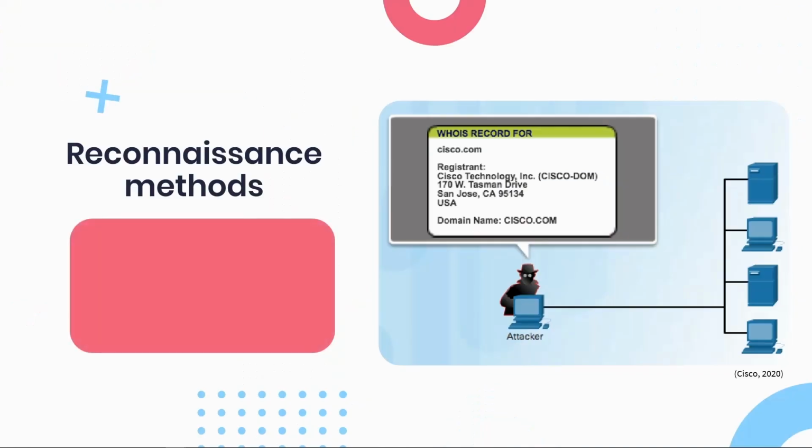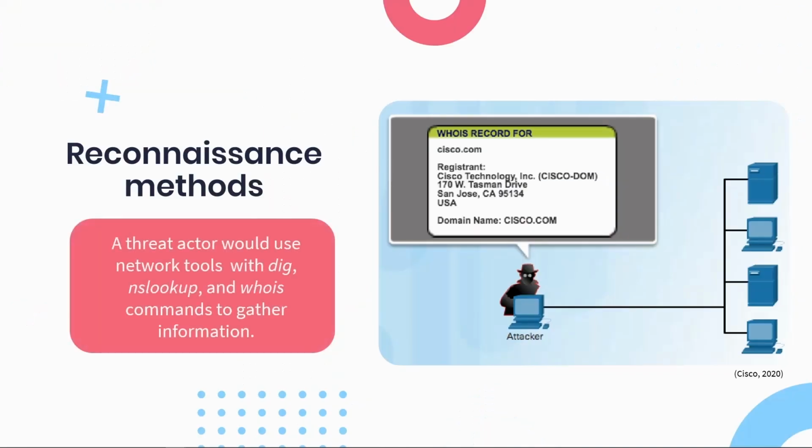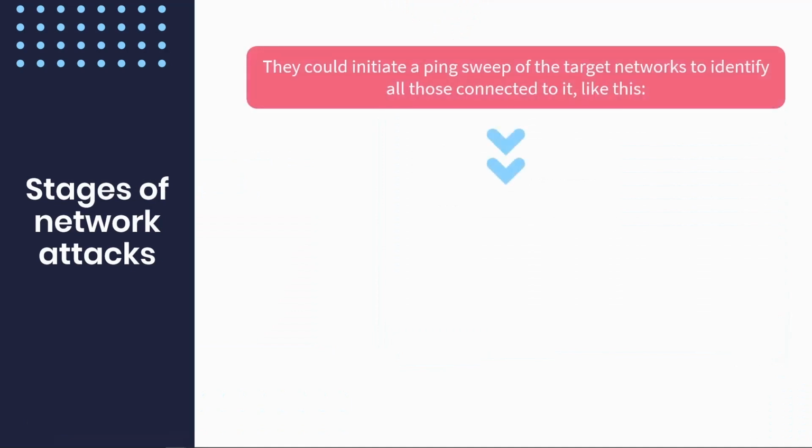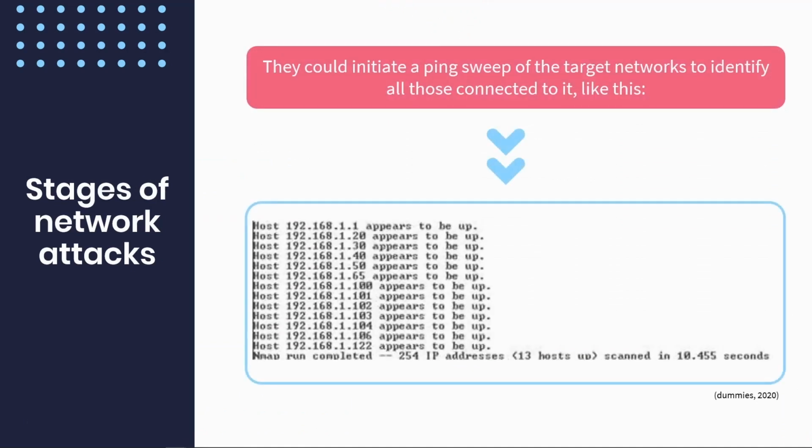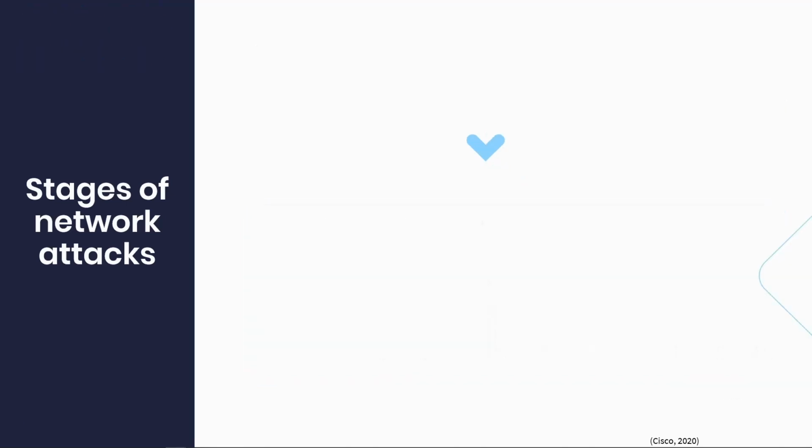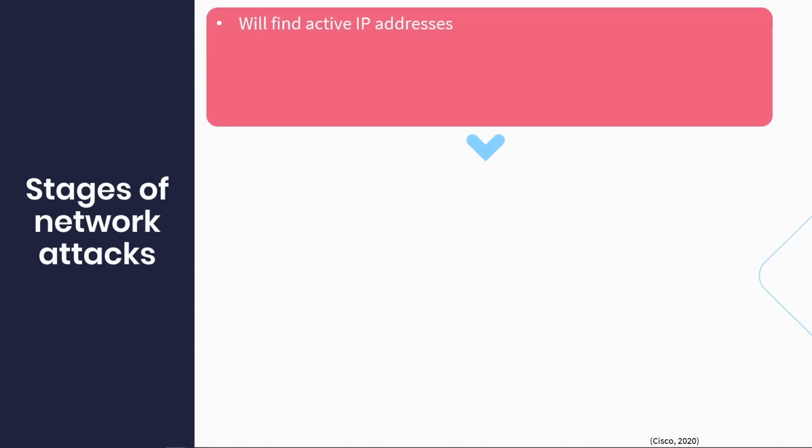During the reconnaissance stage, a threat actor could use network tools like Google search or public information from DNS registries with dig, NSLOOKUP, and whois commands to gather initial information about the target. The attacker could initiate a ping sweep of the target networks to identify those connected to it, like this. With this information, the threat actor will then be able to know the devices connected to the internet on that particular network.